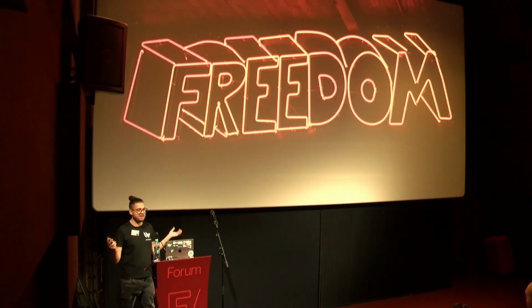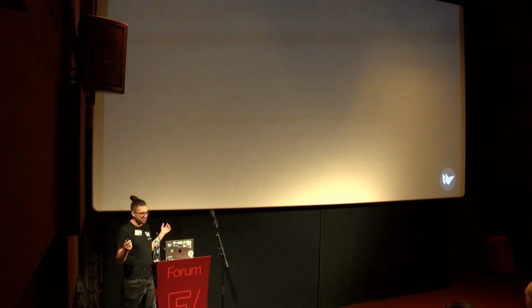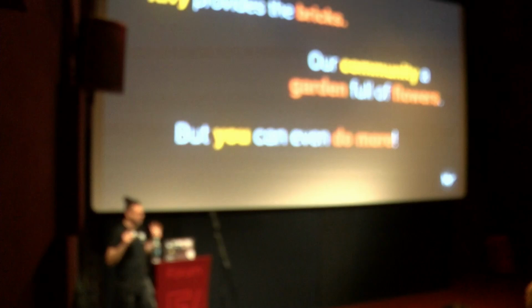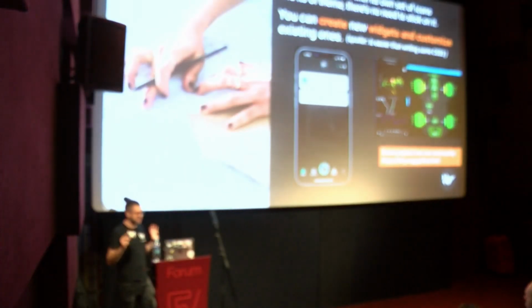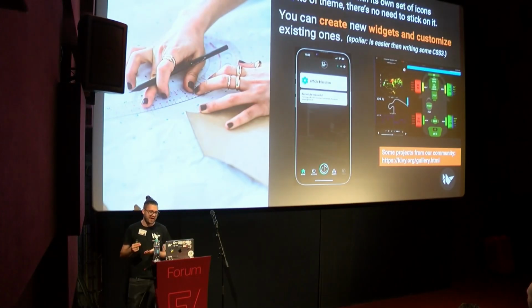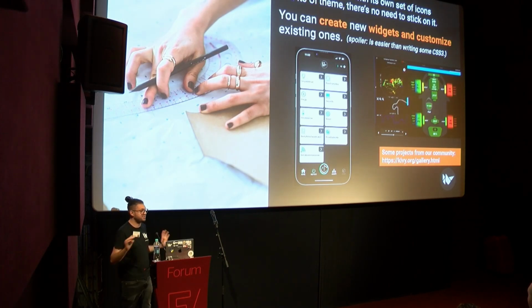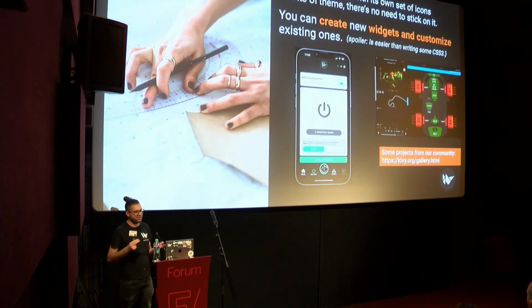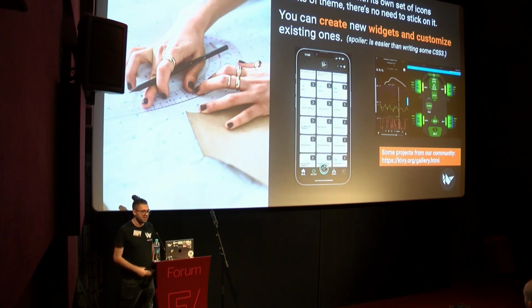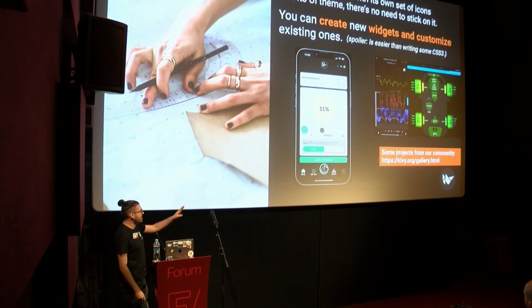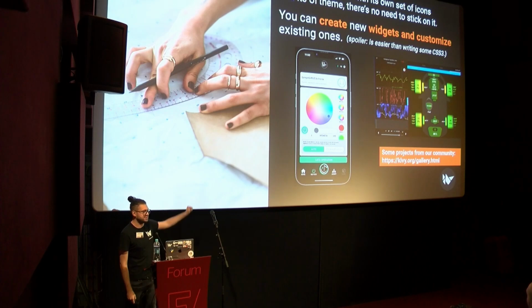And then Kivy also gives you freedom. Why freedom? Because Kivy provides the bricks, our community garden is full of flowers, but you can even do more. Because even if Kivy comes with its own set of icons and its UI theme, there's no need to stick to it. You can create new widgets and customize existing ones. These are two examples. One is an app that I maintain, which is for a smart home ecosystem.